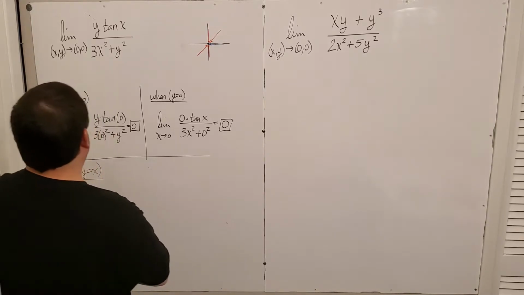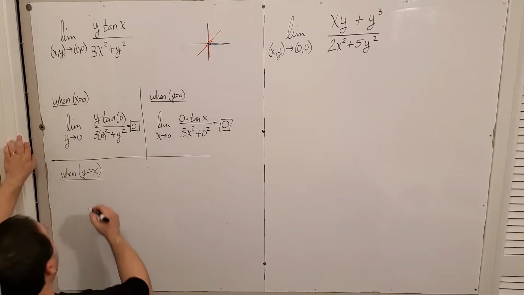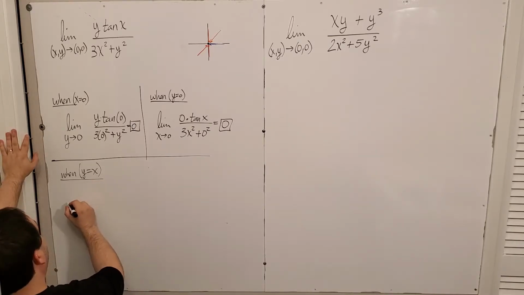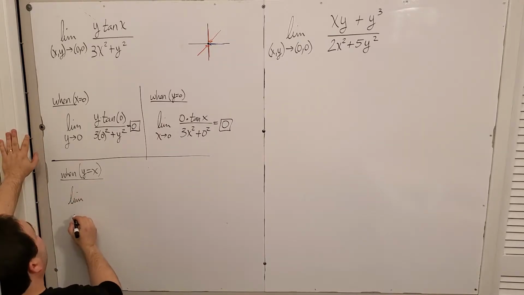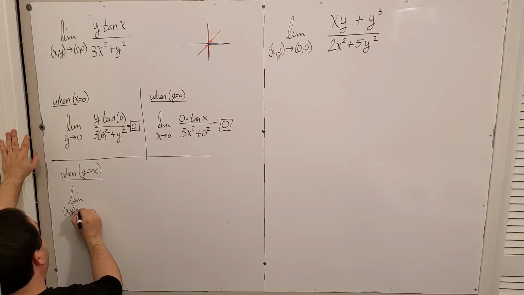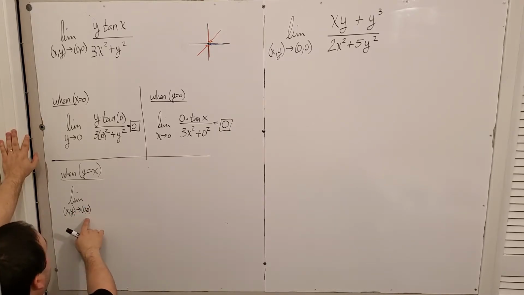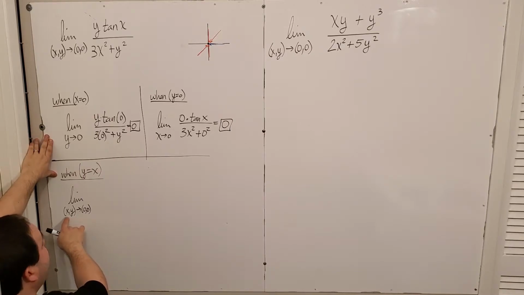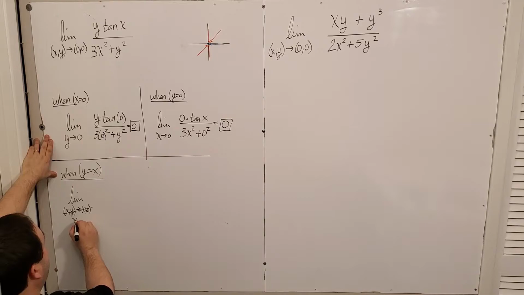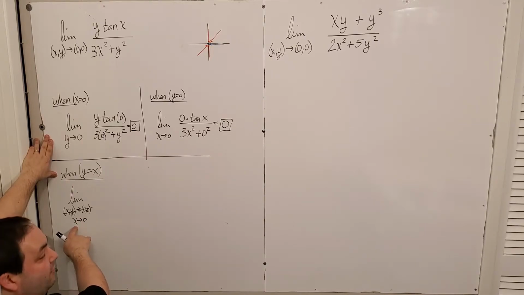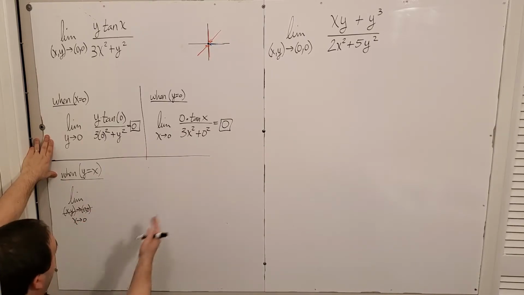Well, if y equals x, I have the limit as x, y is going to 0, 0. But really, instead of x, y going to 0, 0, y is equal to x. So instead of this, I'm just going to say let x go to 0, because if they're equal, letting one go to 0 is taking care of both of them.